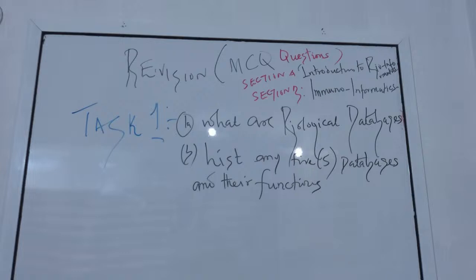You should be able to answer if they ask you to write short notes on the following: FASTA, BLAST, GenBank, UniProt, PDB, Python, ClustalW, GenMark, Gene Ontology, that is GO.